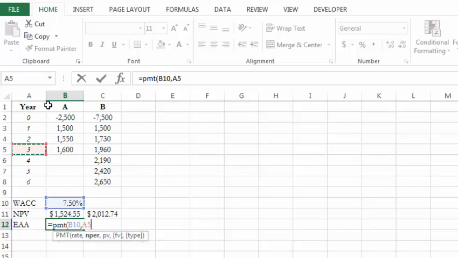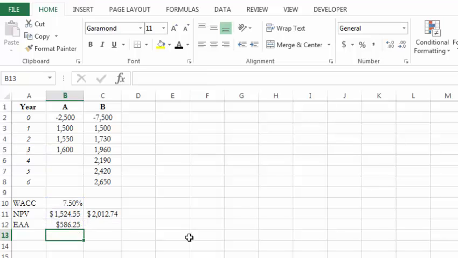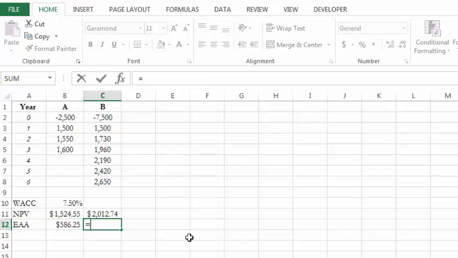In the case of the first one it's 3. What is the present value? In this case I'm investing, so I'm using a negative. The net present value because I want the EAA to be positive, and it is. It's 586.25. Then I do the same thing with EAA for B.